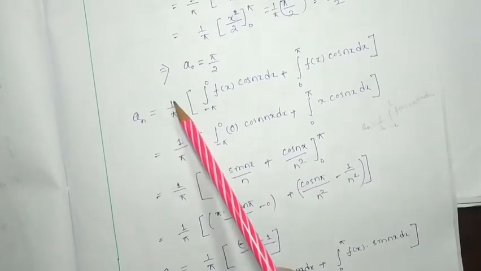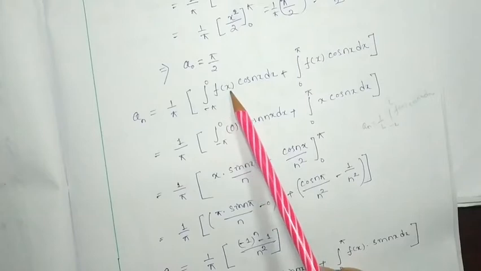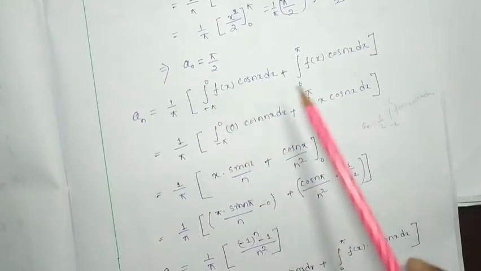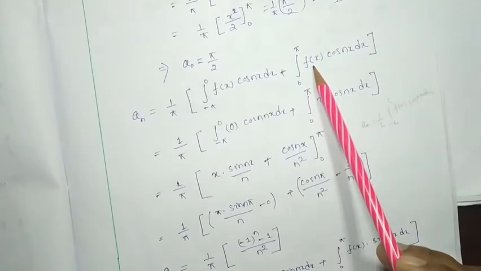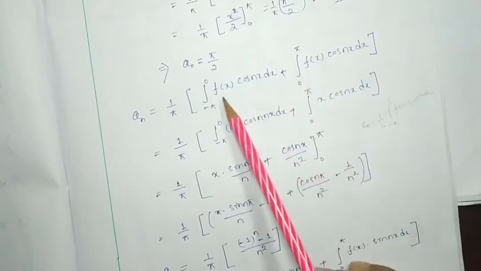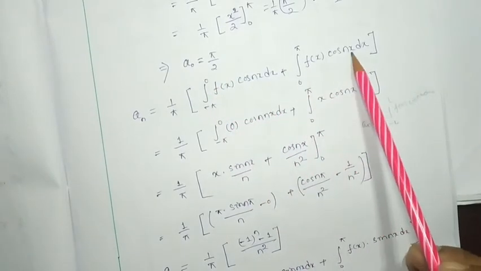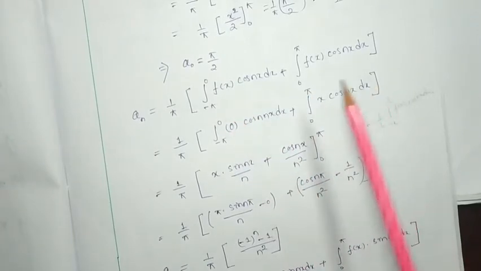So 1 by pi, we can split it, because from minus pi to 0 the function value is 0 and from 0 to pi the function value is x. So it will be the integral from 0 to pi of x cos nx dx.